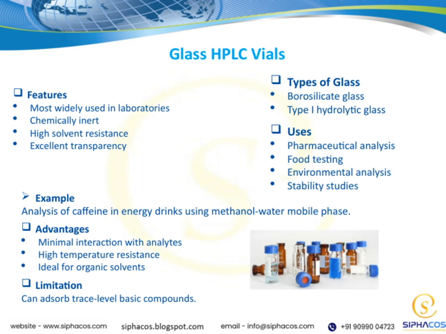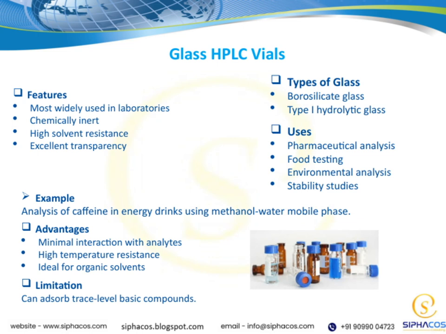Moving on to the advantages of glass as a material in laboratory settings. First, its minimal interaction with analytes is a key benefit. This means glass doesn't easily react or interfere with the substances we're analyzing, ensuring the integrity of our results. Second, glass tolerance to high temperatures makes it suitable for processes that require heating, like certain sample preparations.